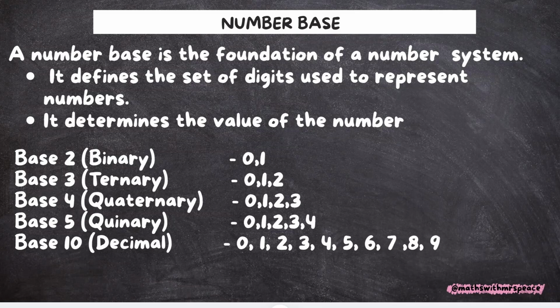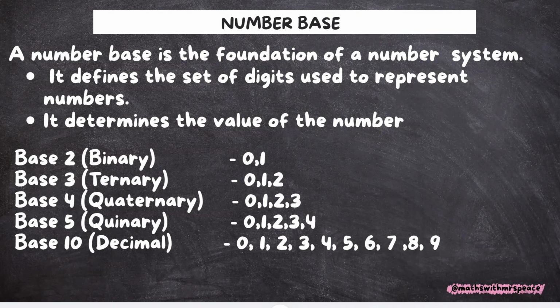And then the same pattern goes on for base 6, base 7, base 8, base 9, and so on and so forth. So it always starts at 0 and it ends at 1 less than the base. So the highest digit you're going to get in base 2 is 1. For base 3 it is 2. Base 4 is 3. Base 5 is 4, and so on and so forth.